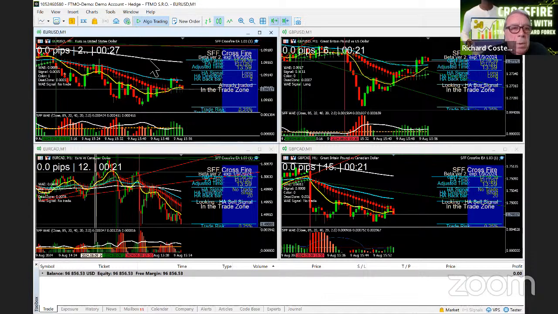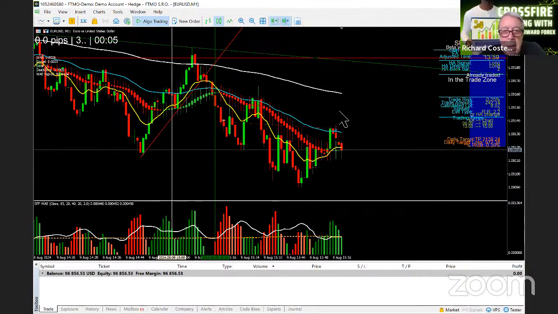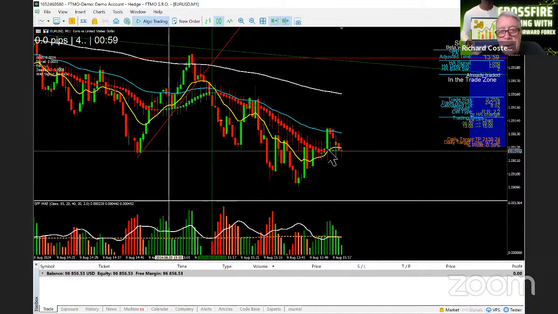So we'll look back at this Euro US and see why it took me out. We were in a wave down, and on the settings, I've got it to get me out, not to wait until it goes back up to the stop loss, but to get me out when there's a wave change, and there's a wave change.